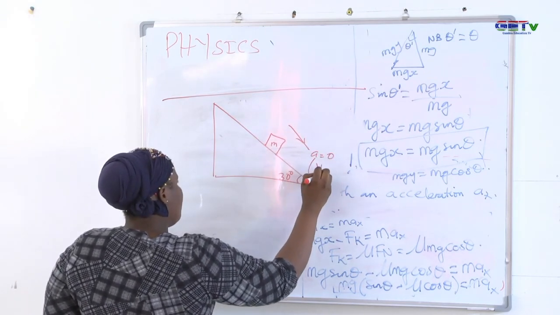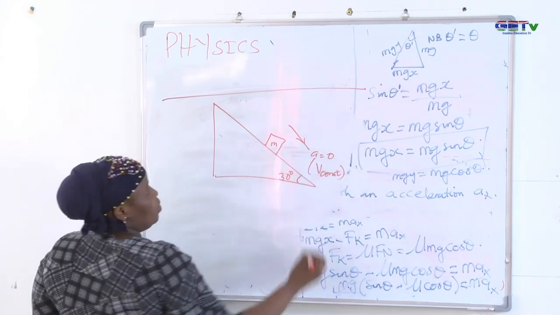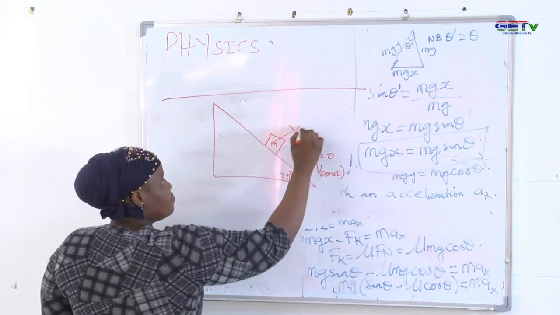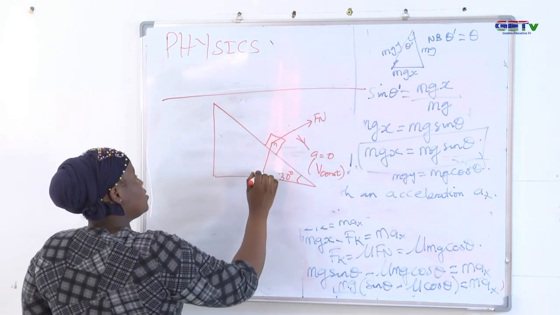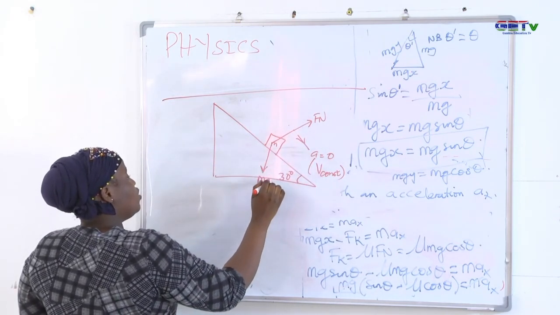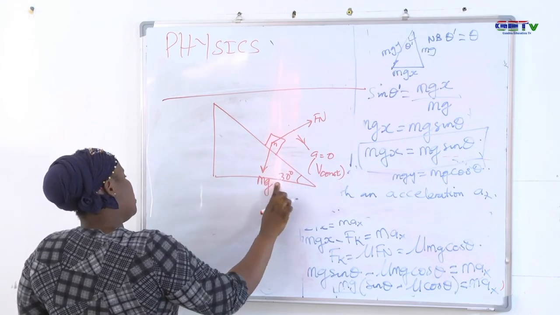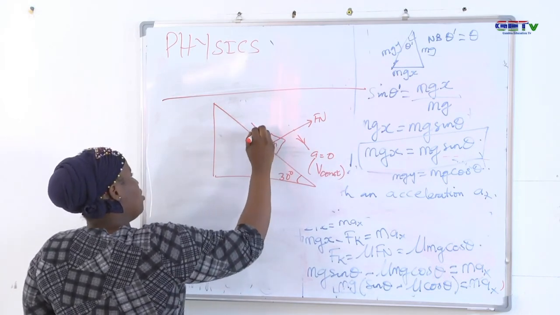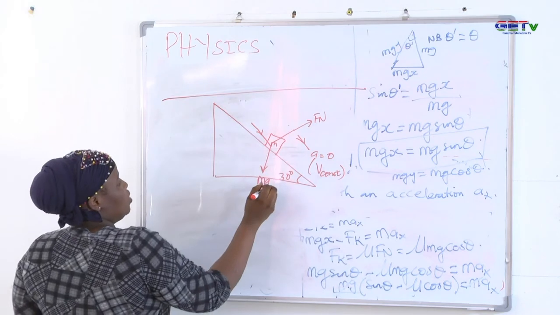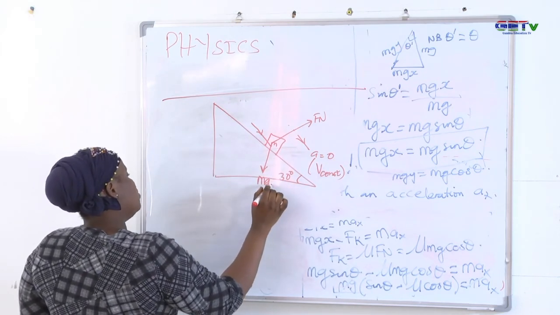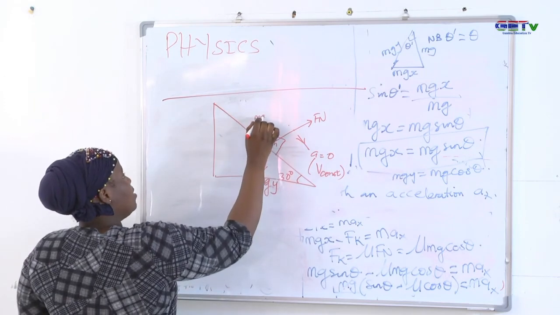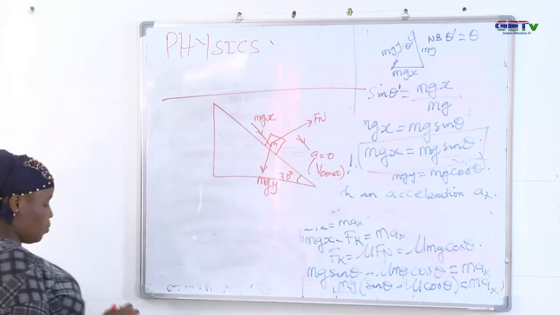This is because v is constant. What are the forces acting? The normal force. What else? Gravitational force, which should be resolved into x and y components. This is mg of x. Did I do that right? No, mg of y, and this would be mg of x.